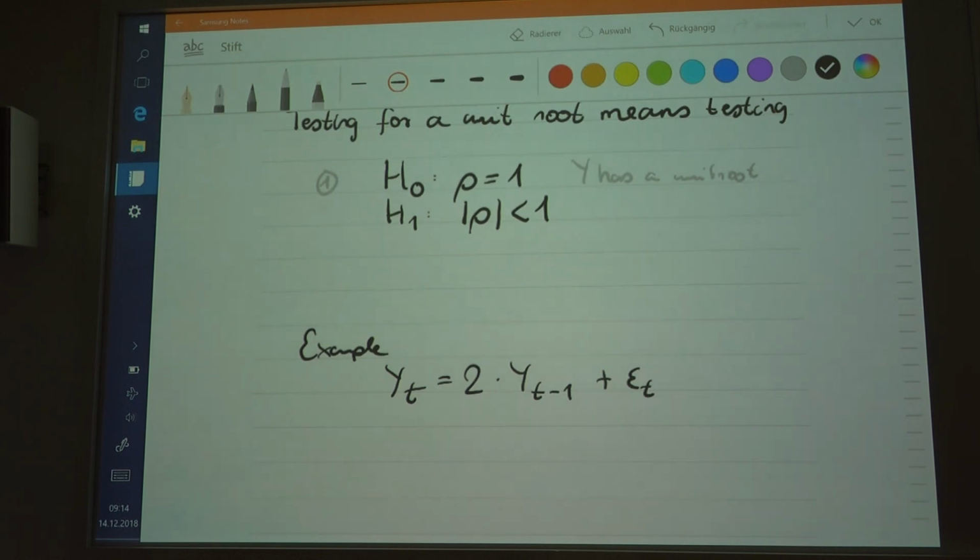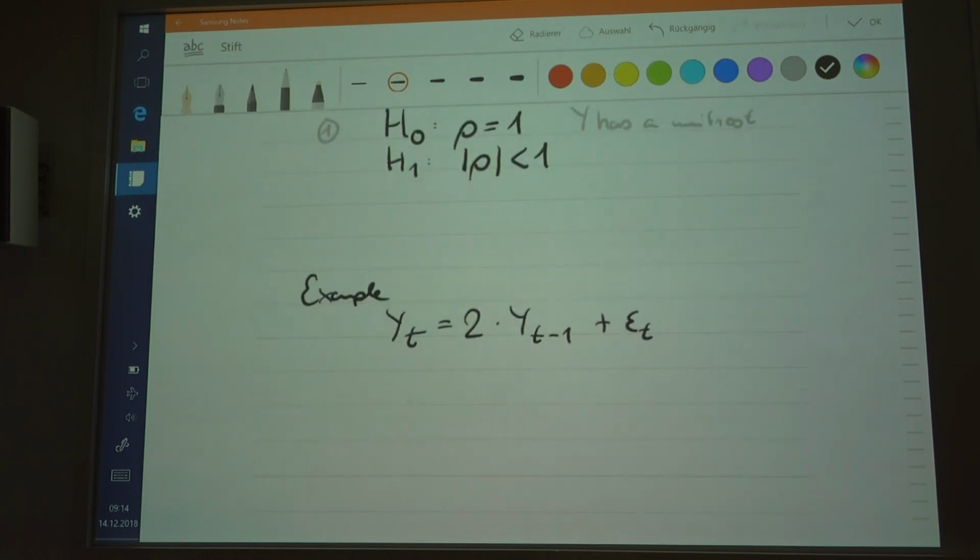For the first order autoregressive process, it's going to look like this, and I will use this coefficient here.